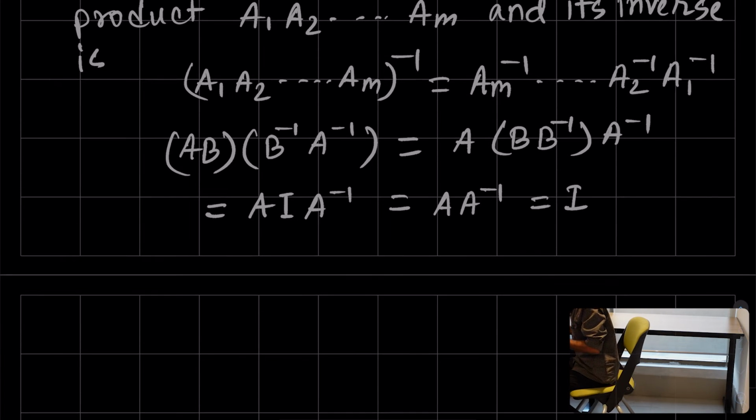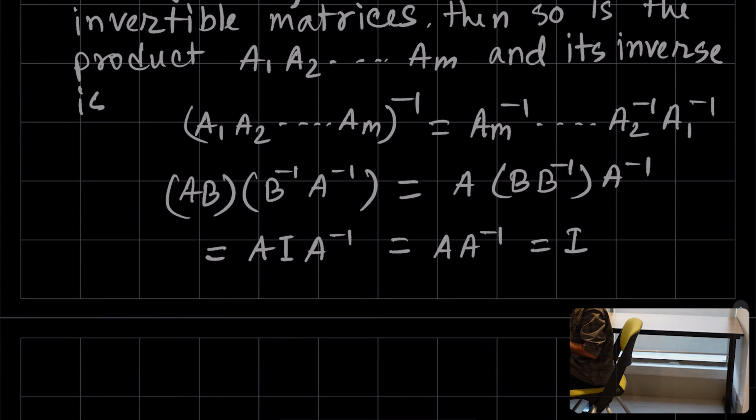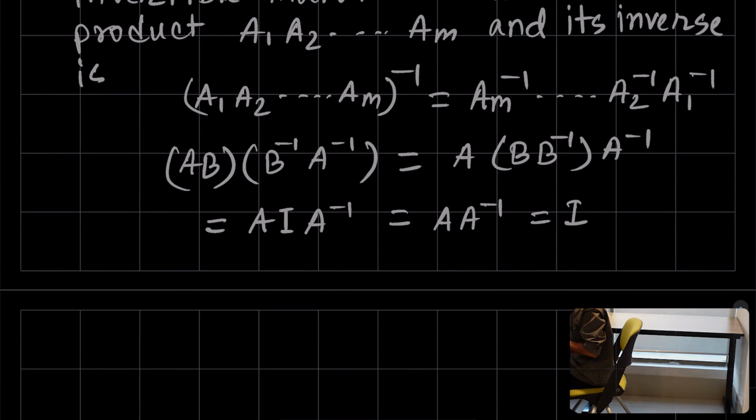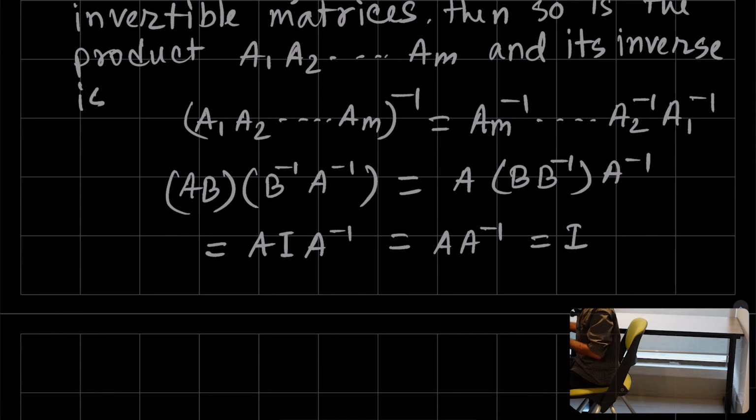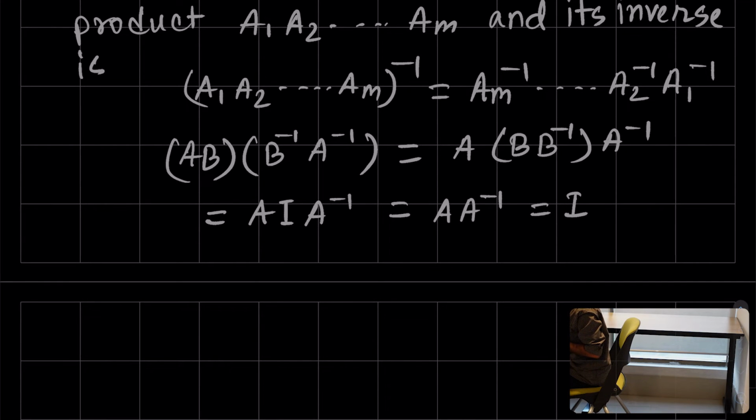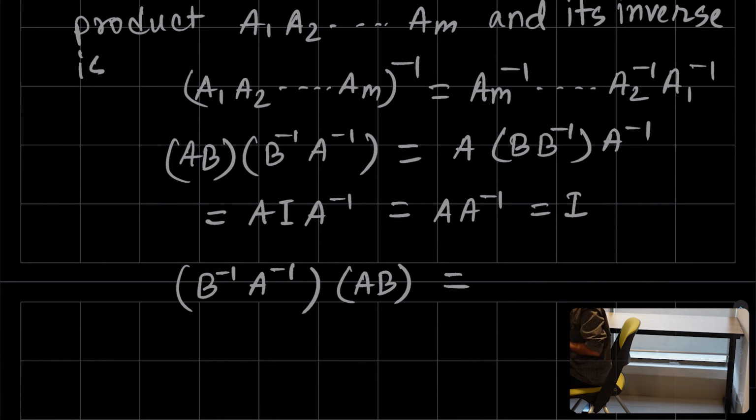Now we have to check the opposite way. For that, I'm going to multiply B inverse A inverse with AB, and this is equal to, again I can use the associative law here, right?